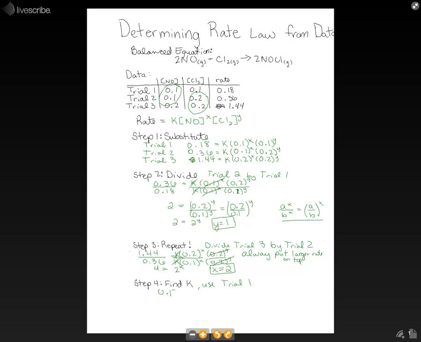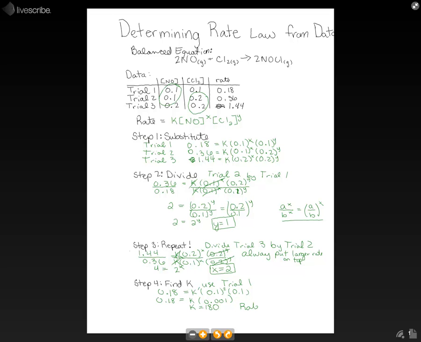So if we do 0.18 equals k times 0.1 squared times 0.1, and we do our math here, we'll get k times 0.001 equals 0.18. And if we finish this out, we get k equals 180.